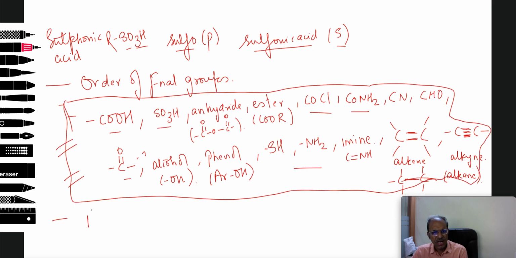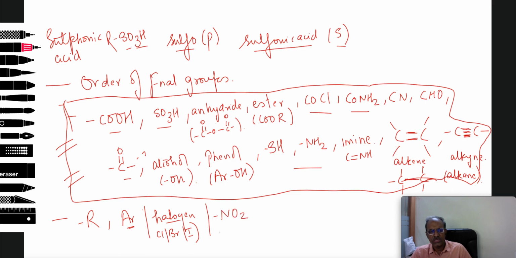See, this R, or you can say aromatic phenyl, it is also known as phenyl, aromatic, right? Then you can say halogen. It is also one of the functional groups, as I told you, COCl, right? Halogen, which can be chlorine, bromine, iodine, whatever. Then you can say NO2, which is known as nitro.